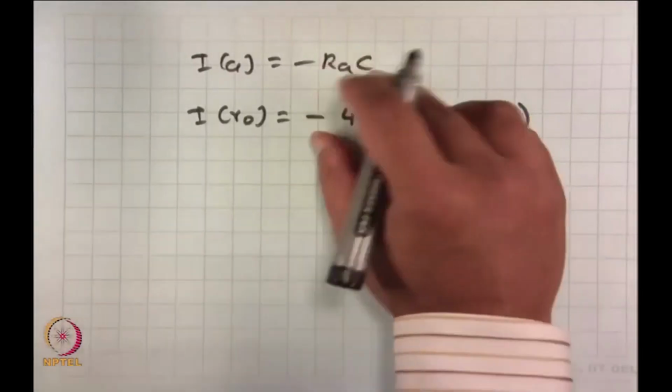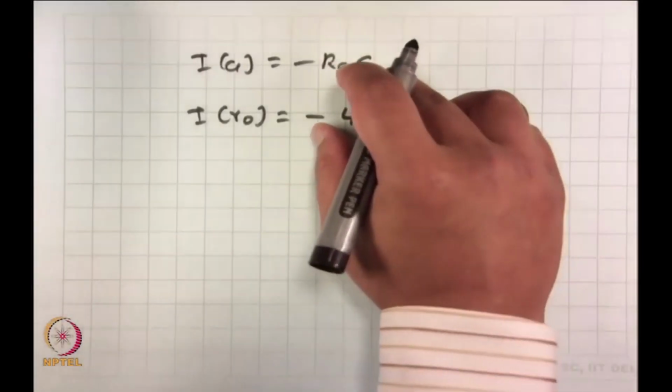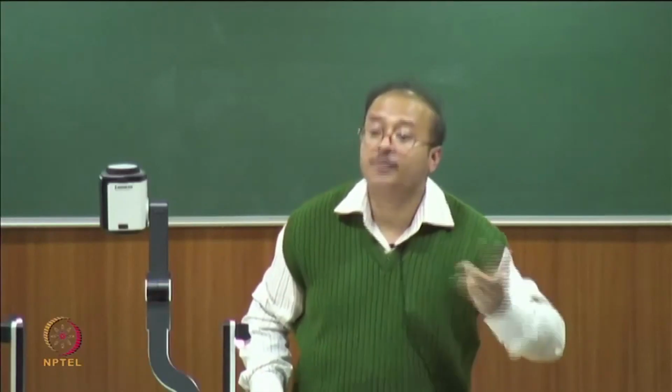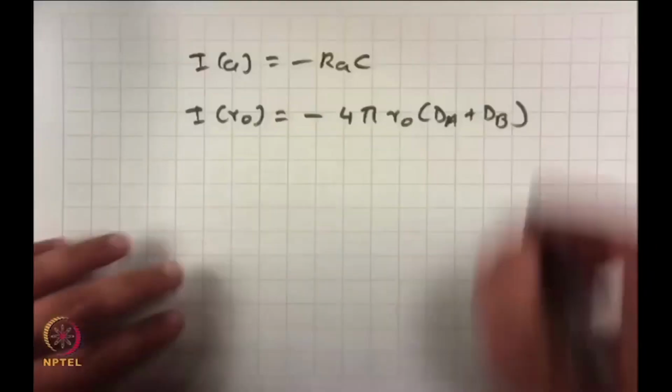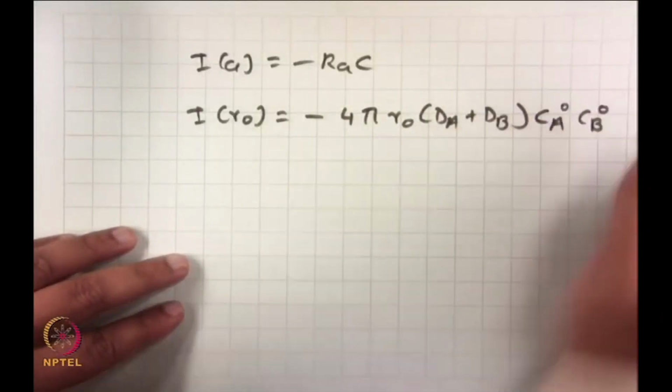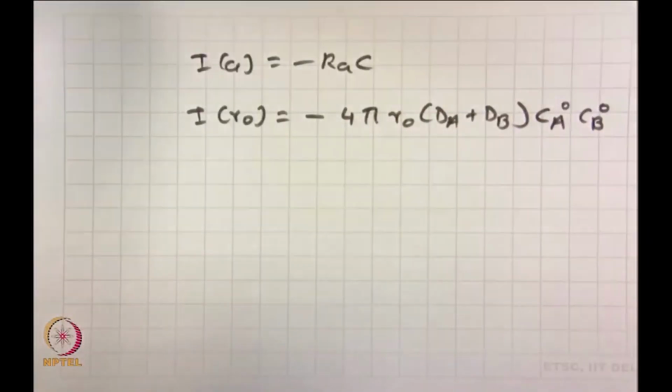In the previous case when we said minus K A times C, which one was moving? Only the small particle is moving. So, we had only that concentration. Now, both the particles are moving. So, we can write C A naught times C B naught, because it depends upon the concentration of both the particles. Okay.